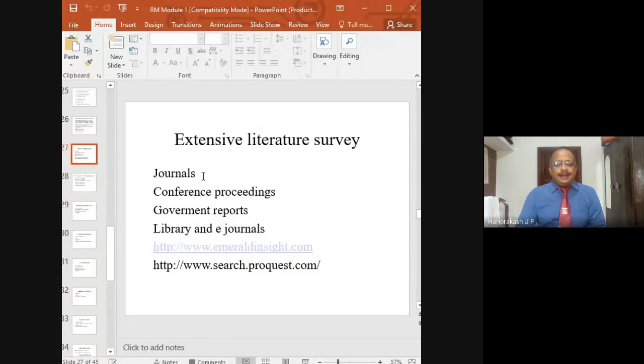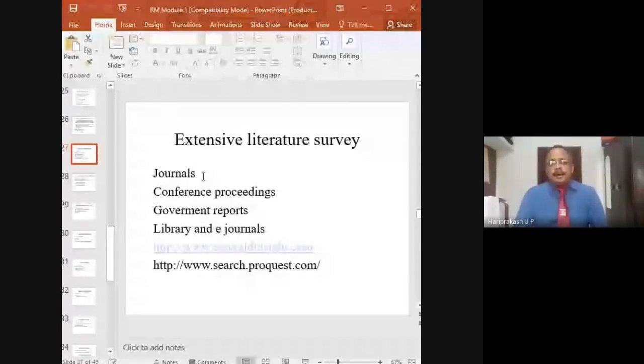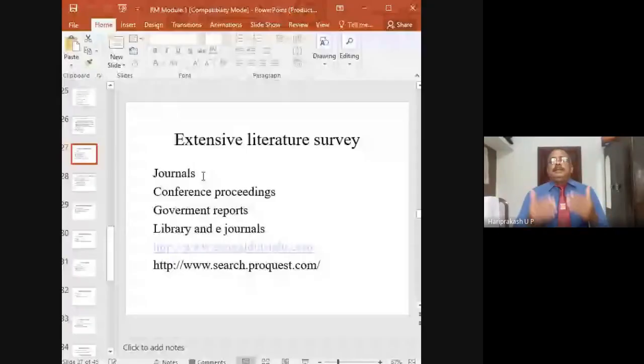There are also conference proceedings. Conferences are organized in institutions and universities. They organize conferences under an area, and they call for academics to submit and present their papers and research findings.